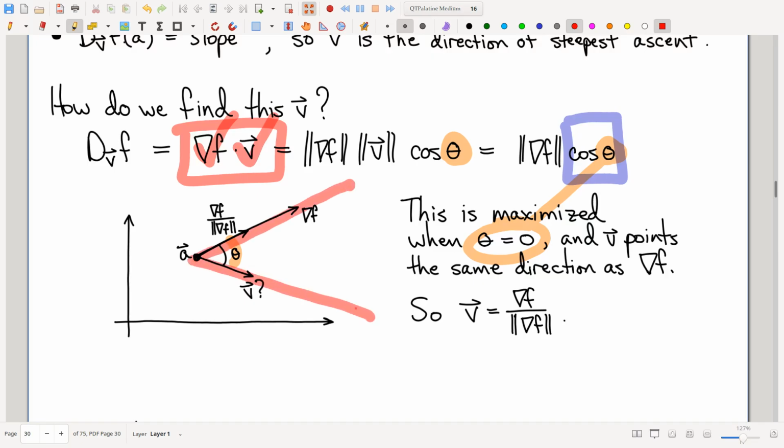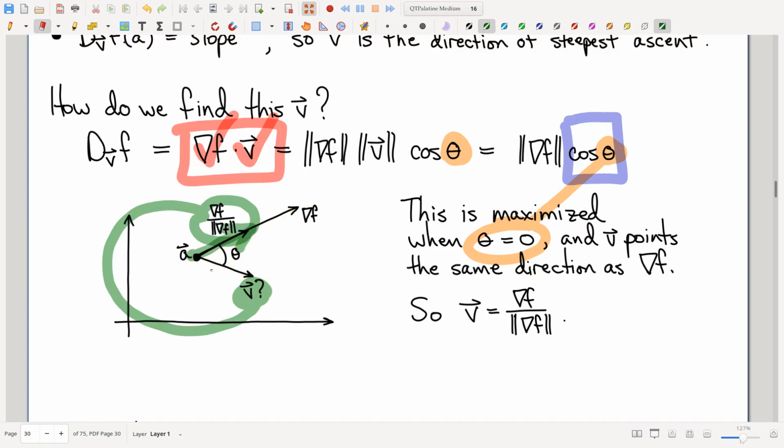And now, geometric appeal, if I want to know what does it look like, which one of these vectors is it that makes that angle 0? Well, you make that angle 0 by picking v to be that unit vector, the one that points in the same direction that the gradient points.